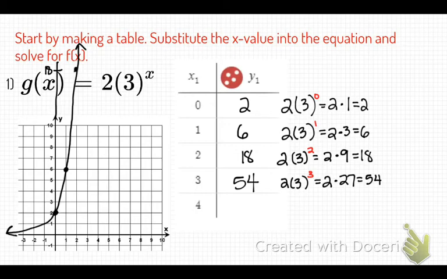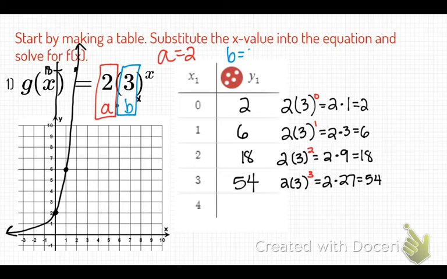Yeah. Okay, now there's a little bit of an easier way to do this. If I say my equation is a times b to the x power, what is my a value? What does a equal? A equals 2. Do you understand that? And what does b equal? B equals 3.